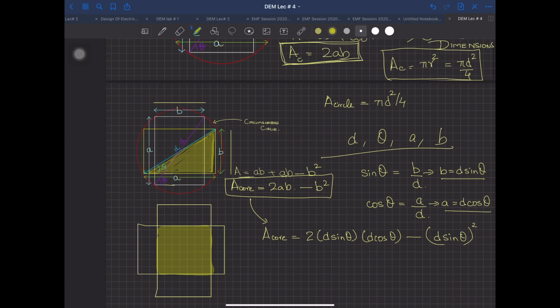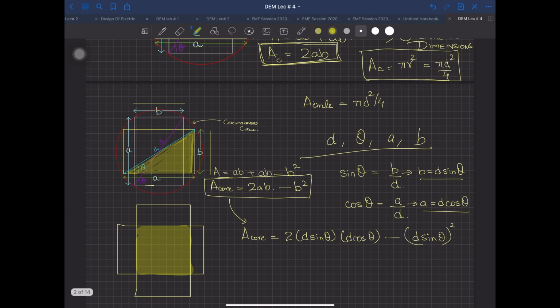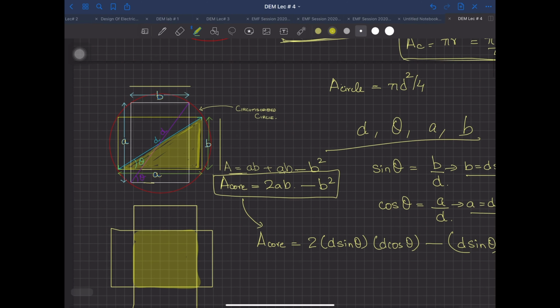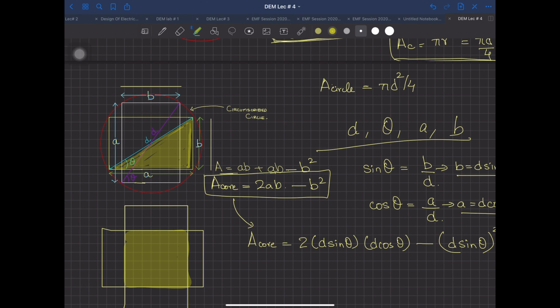So I have sine of theta, B, perpendicular, hypotenuse, angle theta. Second triangle, the purple diagonal over there. On the purple triangle you have again theta angle. For this triangle, which one is the perpendicular?